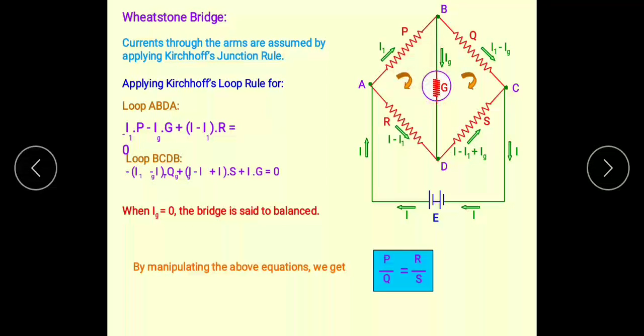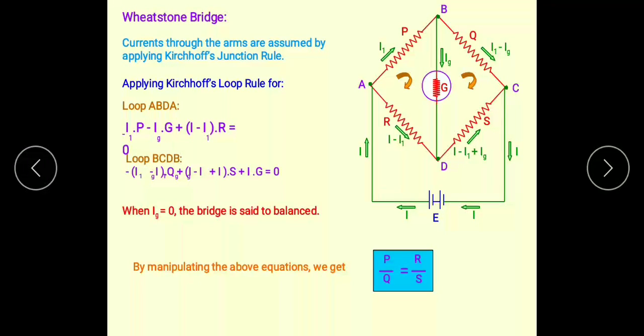Here if we apply the loop law, then first the potential difference will be I1 into resistance P, because we know that potential difference is equal to the product of current and resistance.